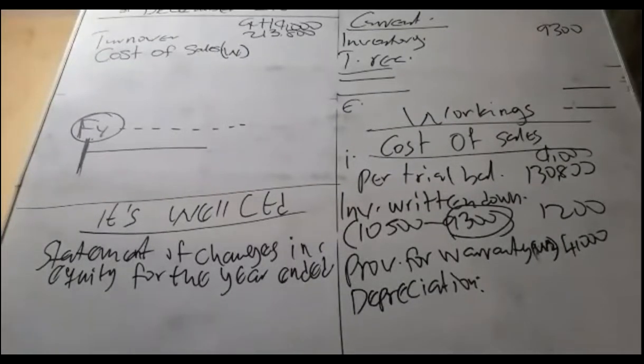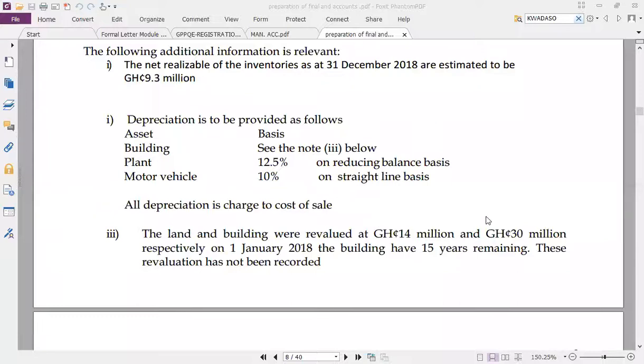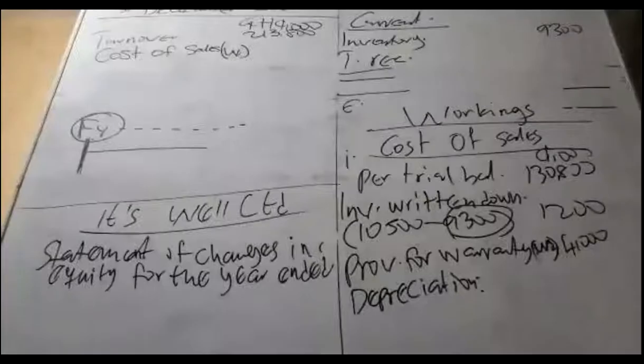Now what do we do? Here we have to depreciate only the building, and the value of the building is 30 million, going for 15 years. So what would be the depreciation charge on building?